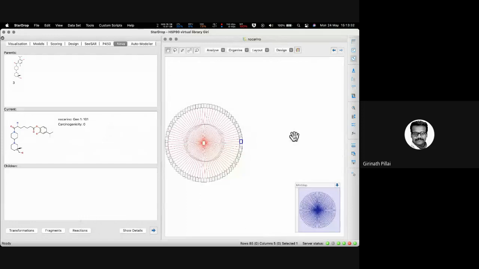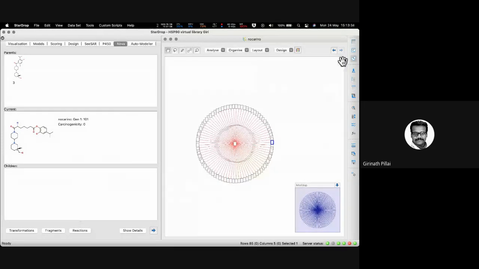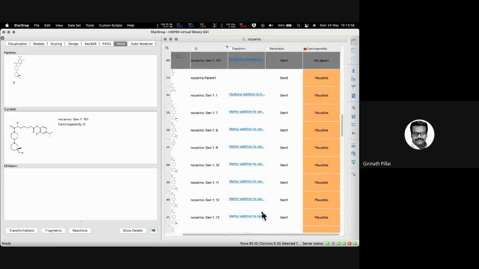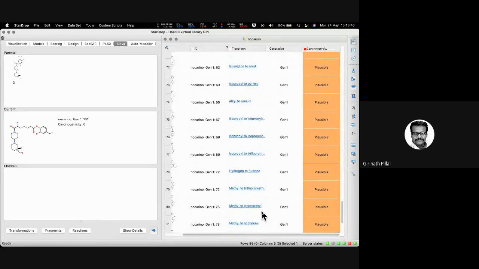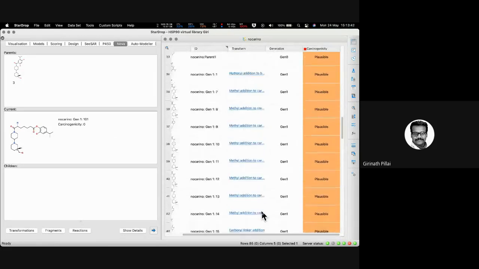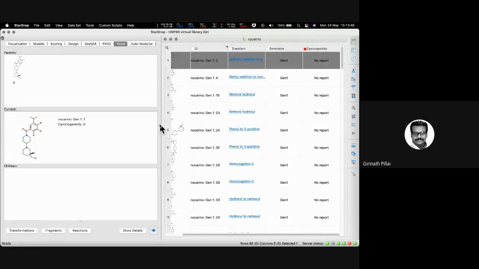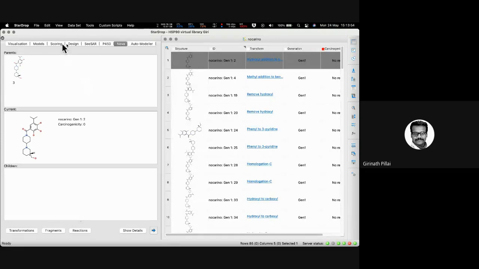Now, we got some structures. Let us analyze them now. Great. I got many compounds which have no carcinogenicity. That's the beauty here. So let us take a little bit closer look.